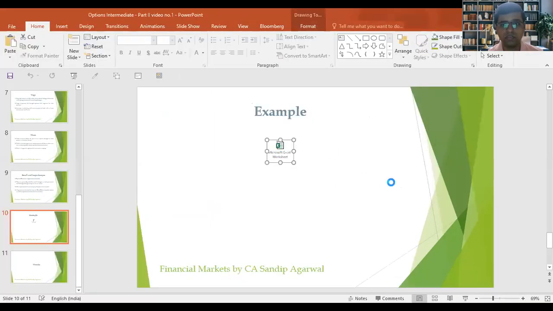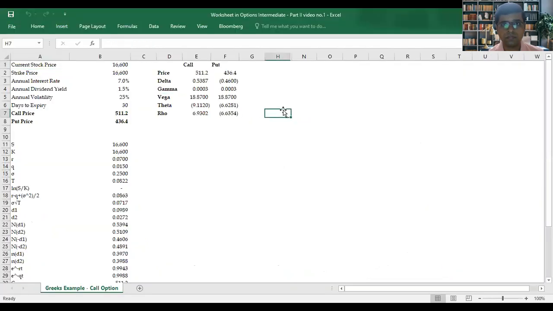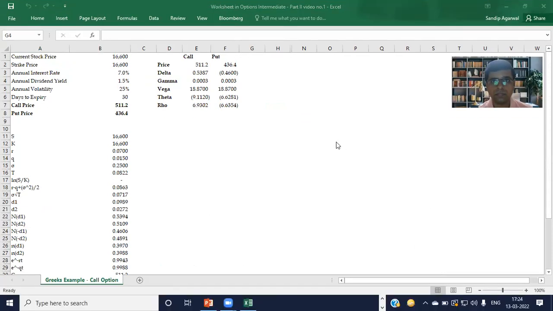So let me just open this Excel sheet. See, this example I have taken in Excel for the purpose of explaining various option Greeks.